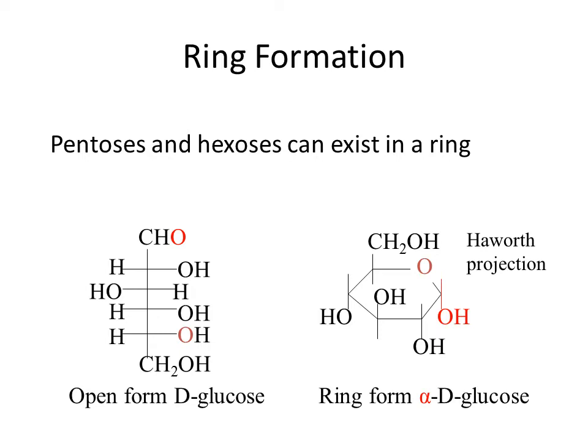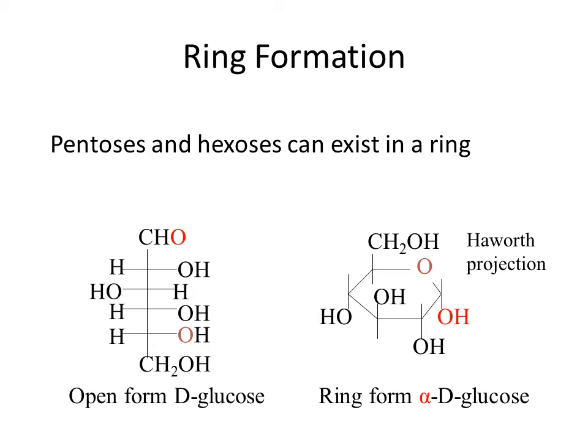I've written this on the right, and the way that it's written so that it looks like a hexagon is called a Haworth projection. The stereochemistry of it is properly drawn for a D-glucose, which would be to have the hydroxyl right next to the red hydroxyl.